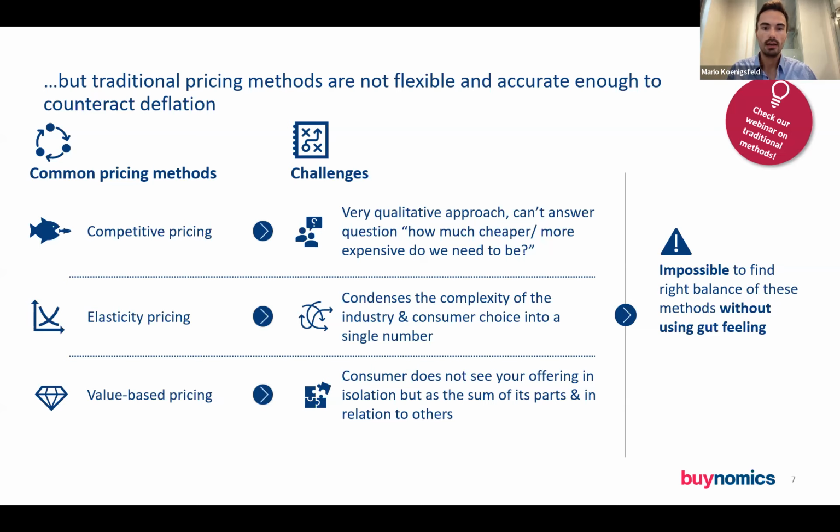So it's a very qualitative approach and not a very quantitative approach. Elasticity pricing, on the other hand, is quantitative, but it condenses the complexity that we just discussed of the entire market into one individual number, which also seems like at least a workaround or a simplification of the real world here.